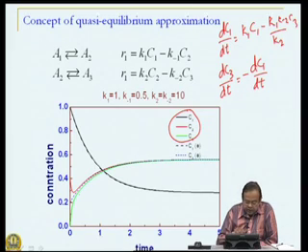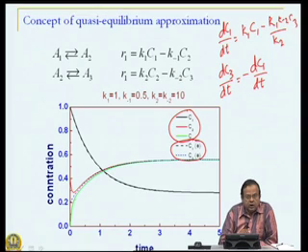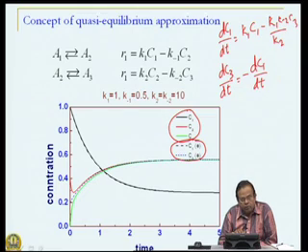The dotted lines are with the quasi equilibrium approximation, and what we can see over here is that the black dotted line and solid line are almost on top of each other. That means a fairly good approximation for C1.